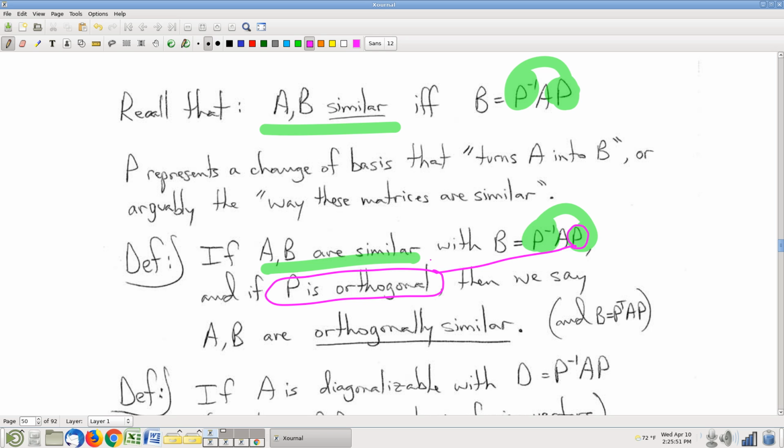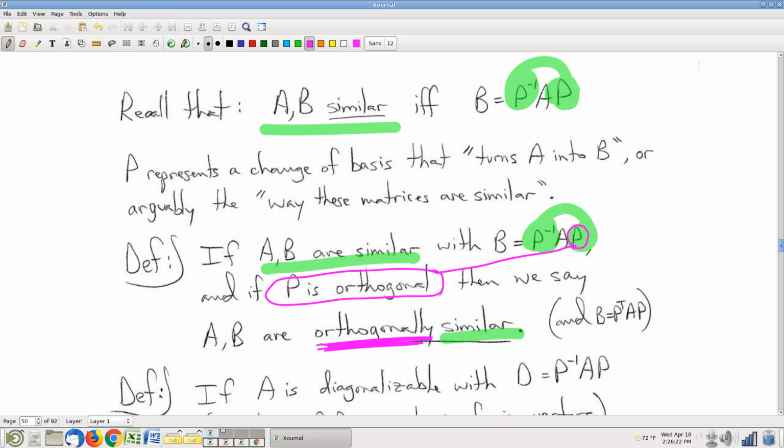Then A and B are similar, yes, but they're not just similar. They are similar by way of a special matrix, an orthogonal matrix. So there is something orthogonal about the similarity. The conjugation is by an orthogonal matrix. So we say orthogonally similar.